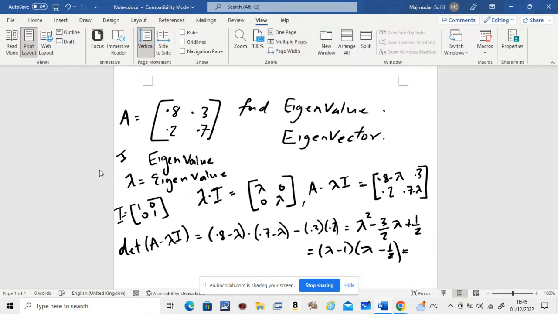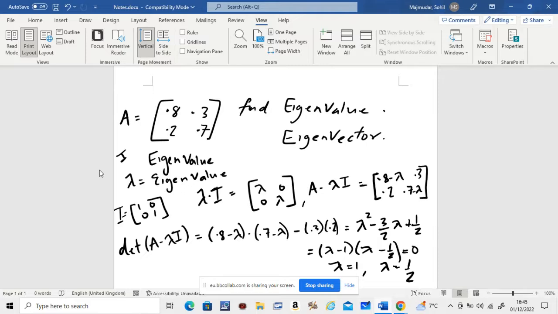And then you make it equal to 0 and solve for lambda. So we get lambda equals 1 and lambda equals half. And these two are the eigenvalues of the given matrix A.